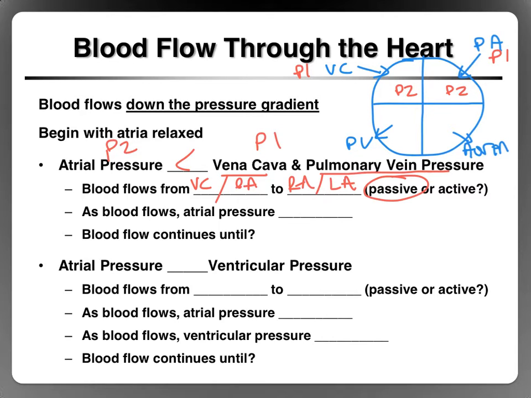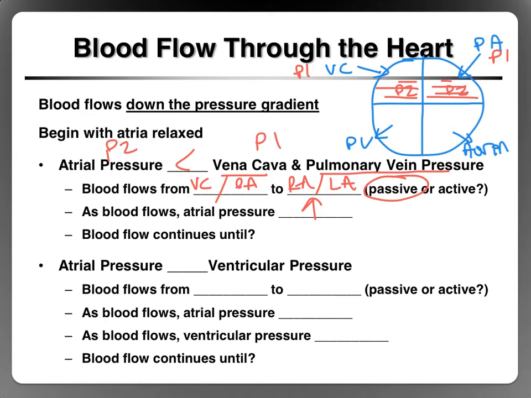As blood flows into the atria, the atria fill with blood. As the atria fill with blood, the atrial pressure rises, because that blood is putting pressure on the walls of the atria. And so P2 starts to rise.